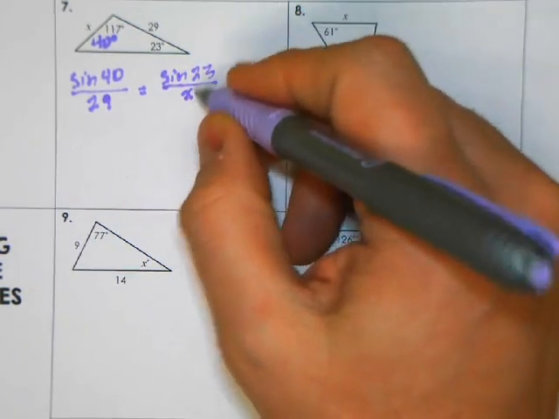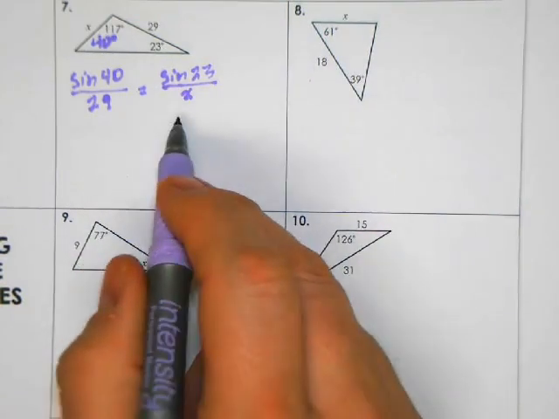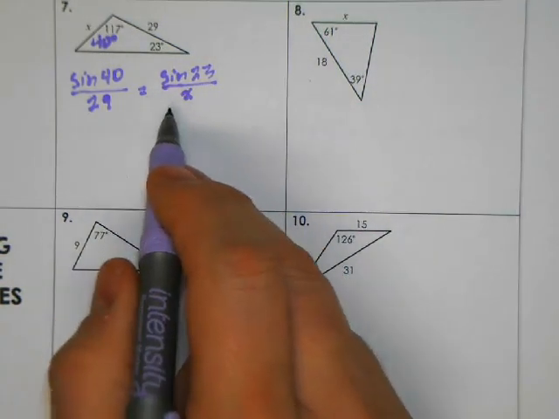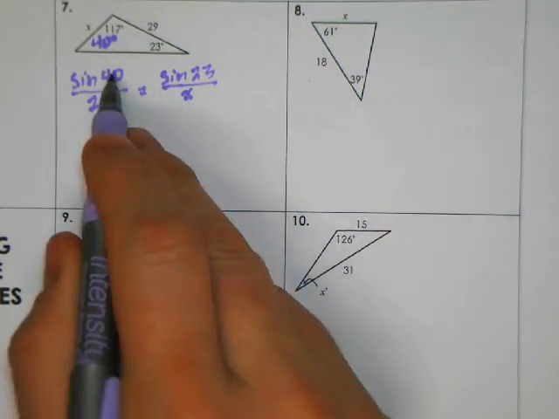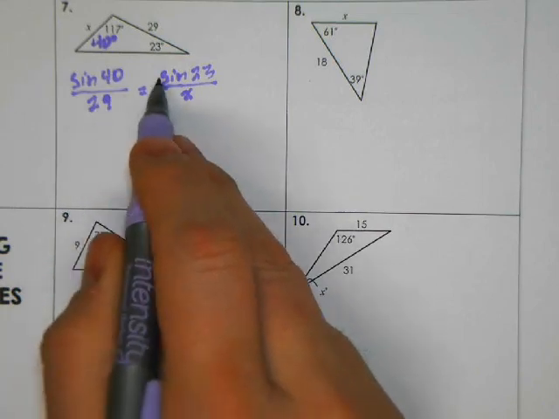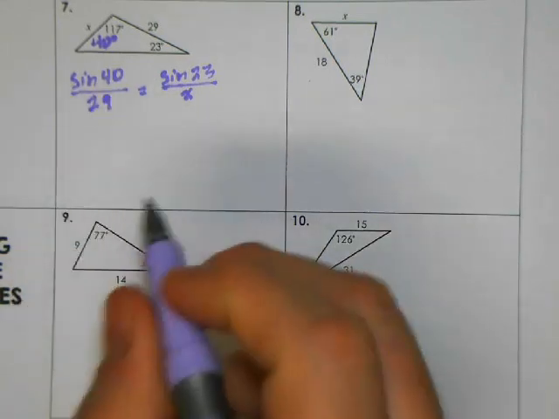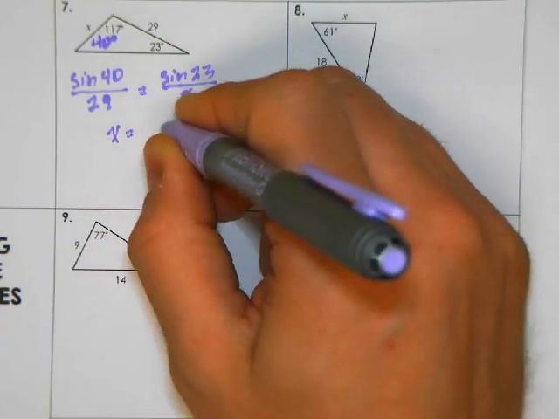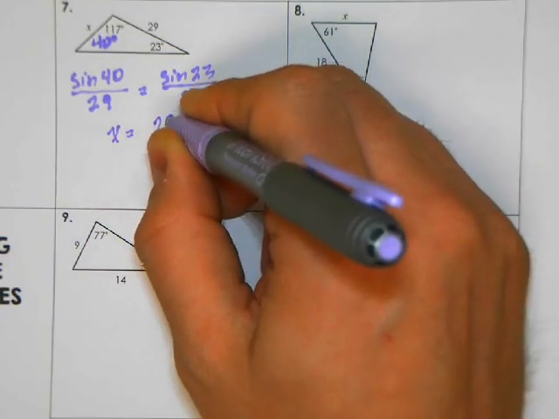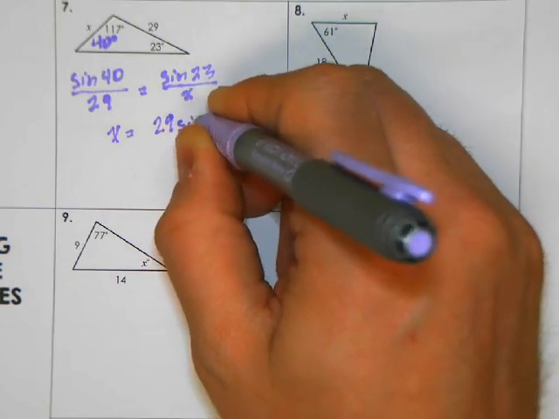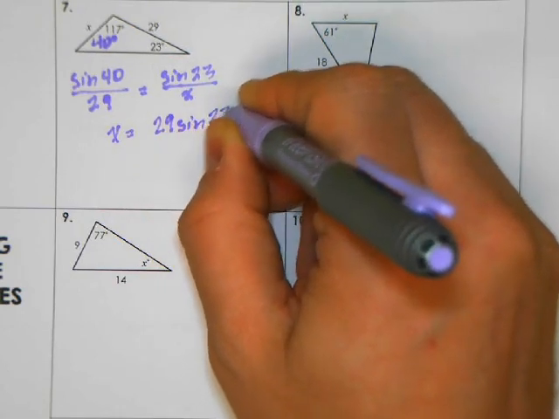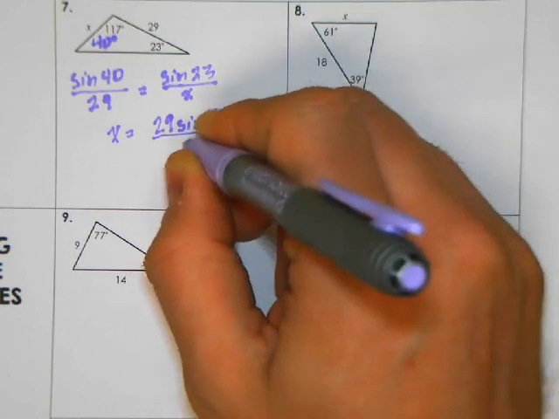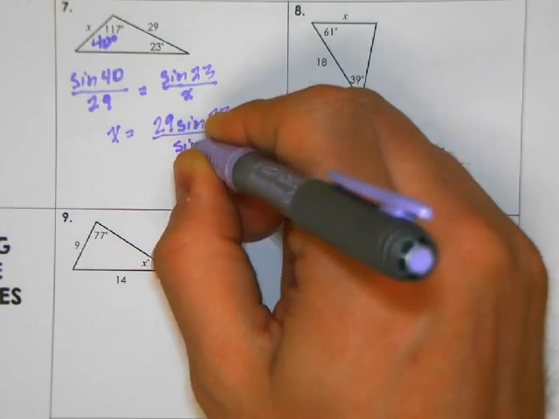So here when I solve for x, I'm going to save a little bit of time by not writing out all the discrete steps. Multiply here by x, multiply here by 29, and then divide by the sine of 40. And I'm going to wind up with x equal to 29 times the sine of 23, all of it divided by sine of 40.